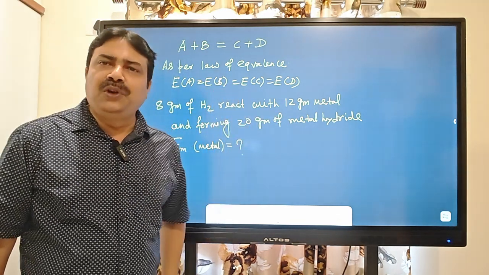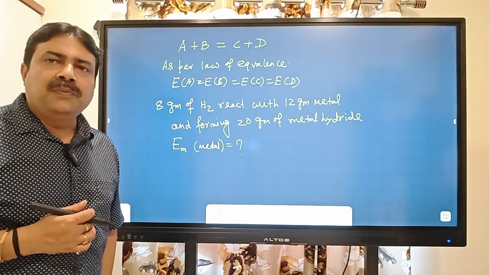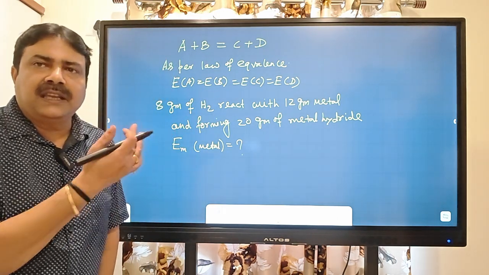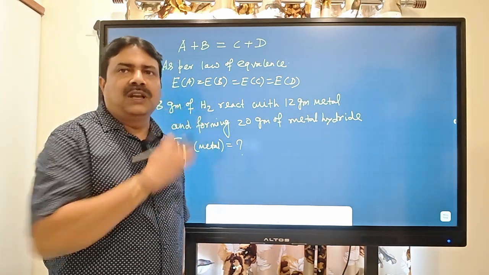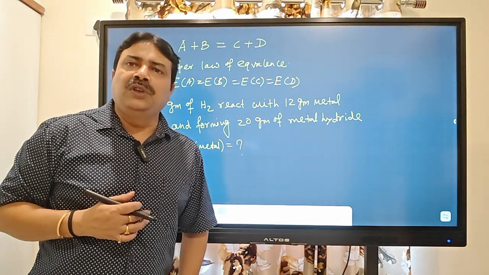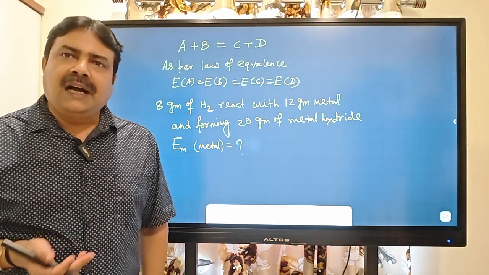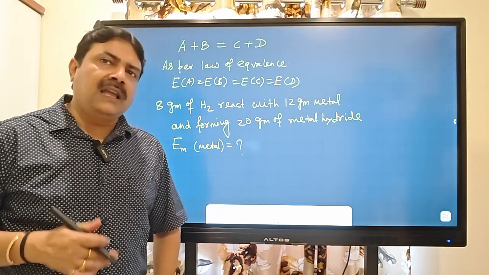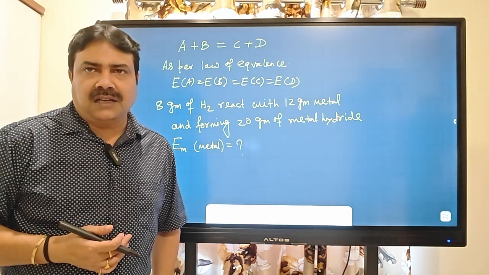Without knowing the proper balanced reaction itself, I can solve this problem. That's why personally my favorite idea is the equivalent concept rather than the mole concept. The same problem I can solve by the mole concept, I can solve by the equivalent concept, but I always prefer the equivalent concept. It's the beauty of that concept.